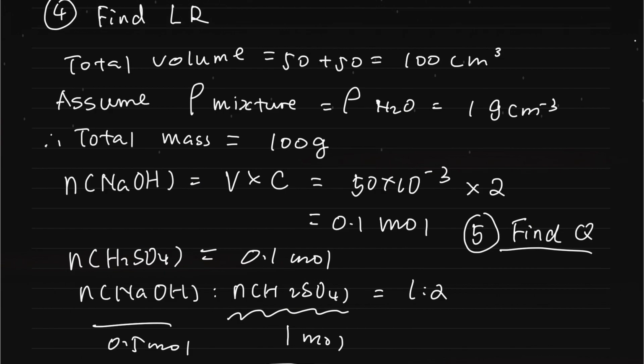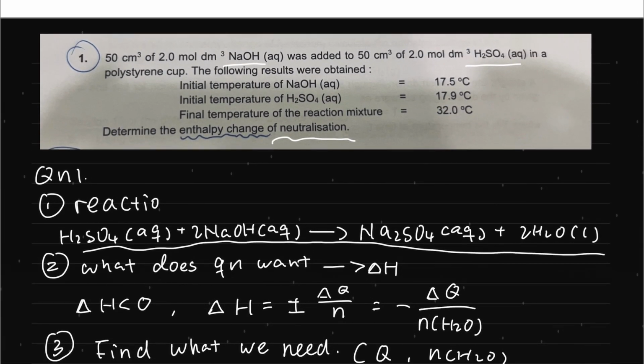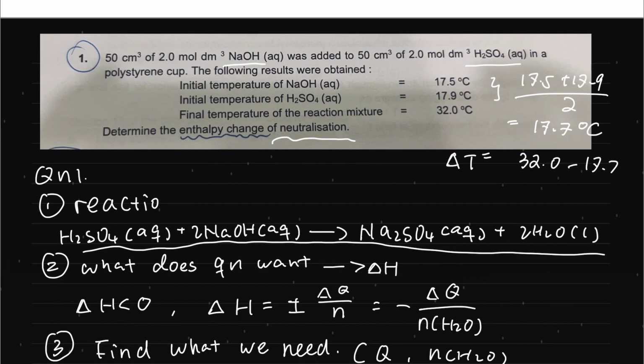We can see from the question that the initial temperatures of the two solutions are different. So the initial temperature of the mixture is 17.5 plus 17.9 divided by 2, which is 17.7 degrees Celsius. The total change in temperature equals 32.0 minus 17.7 equals 14.3 degrees Celsius.